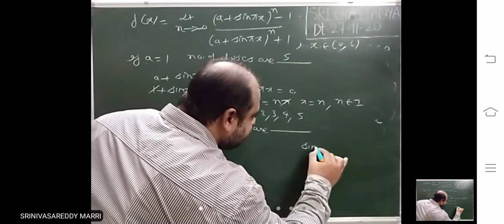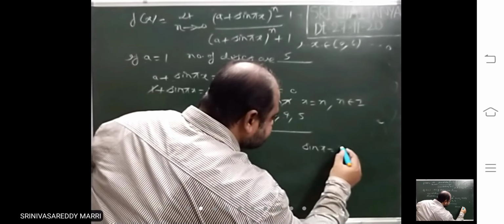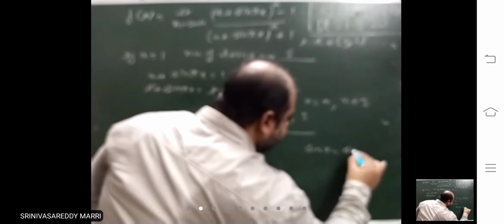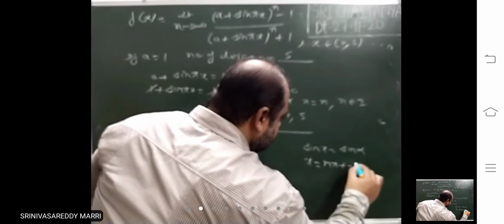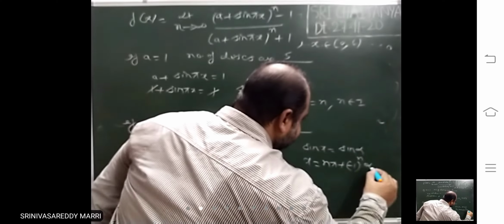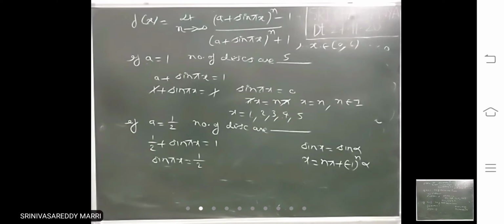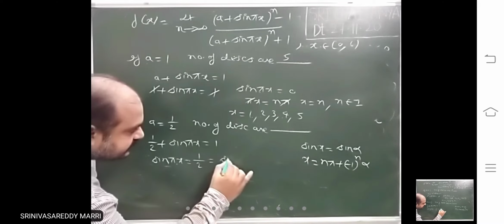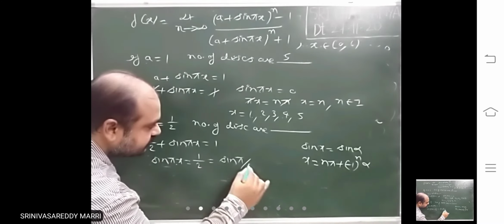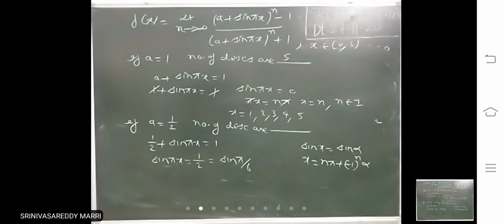If you have an equation like sine x equal to sine alpha, what is the general solution? N pi plus minus 1 whole power n into alpha. Here sine pi x equals sine pi by 6.